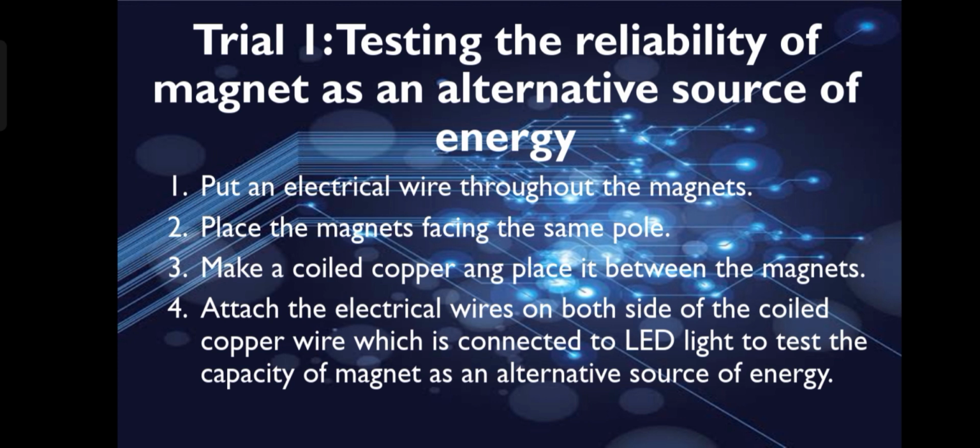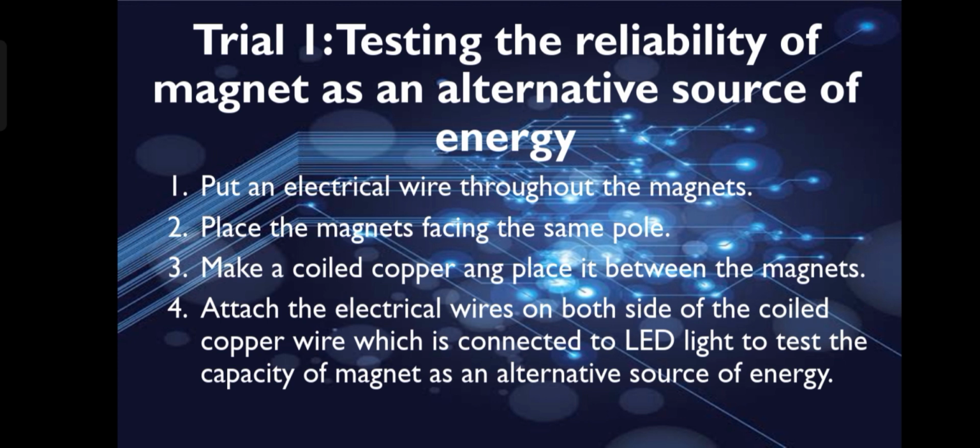So we first put an electrical wire throughout the magnet, and we place the magnet facing the same pole. Make a coil of copper and place it between the magnets.